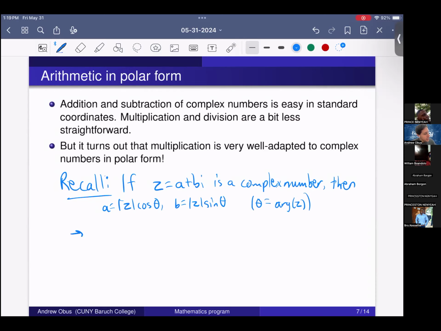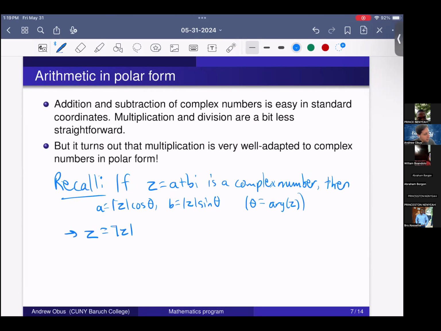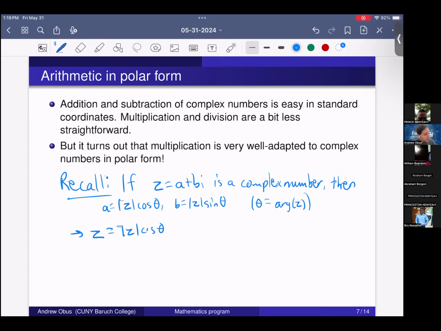What that means is that you can write z equal to absolute value of z cosine theta, this is a, plus absolute value of z sine theta times i, this here is your b. And if you want to simplify this a little bit, you can pull out the absolute value of z, times cosine theta plus i sine theta. And here, as always, theta is the argument of z.